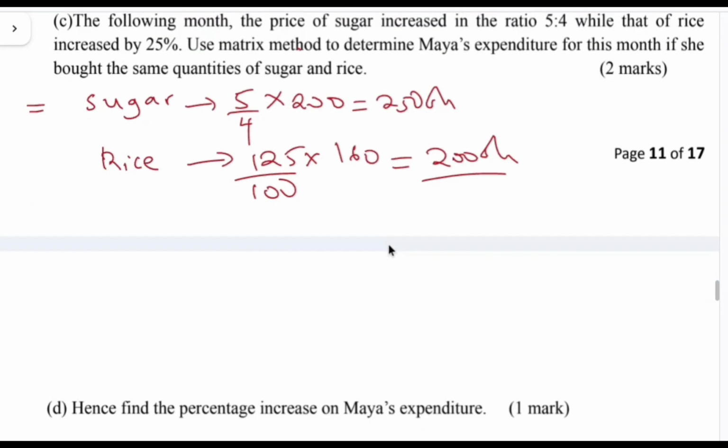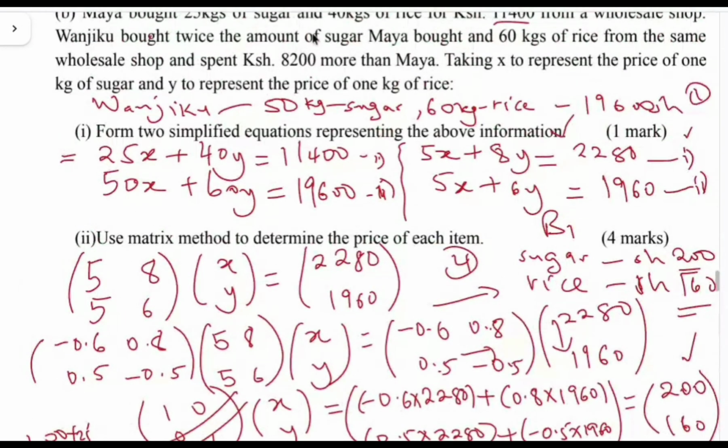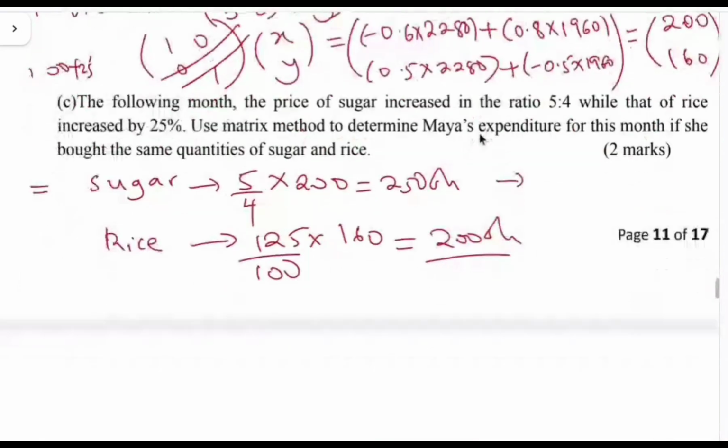So a question like this pia ni rahisi. So umeulizwa use matrix method to determine Maya's expenditure for this month if she bought the same quantities of sugar and rice. Sawa. So Maya alinunua which quantities of sugar? Kumbuka ukiangalia hapa quantity of sugar 25 kgs and 40 kgs.